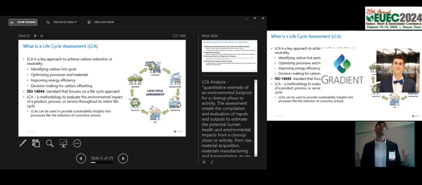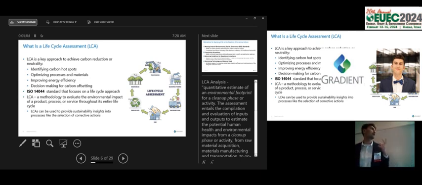So it's a standardized approach for creating a life cycle assessment. And life cycle assessments themselves are really just a way to receive and evaluate environmental impacts for a variety of products and processes, and it really takes a holistic approach, understanding from the extraction phase to maybe the disposal phase of your product or process.